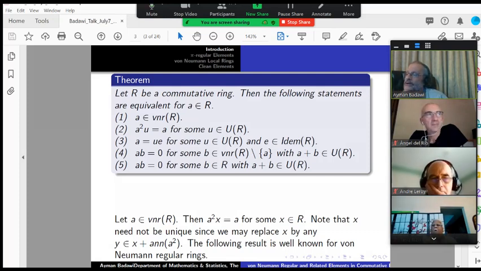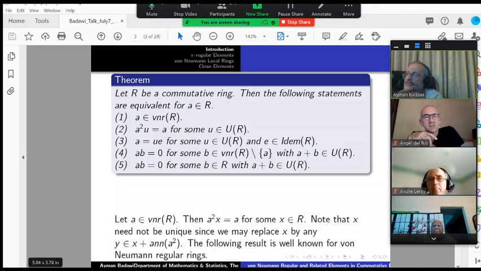Here I said if a is a von Neumann regular element, then we know that from the definition. And you need to observe that x need not be unique. That's very clear.